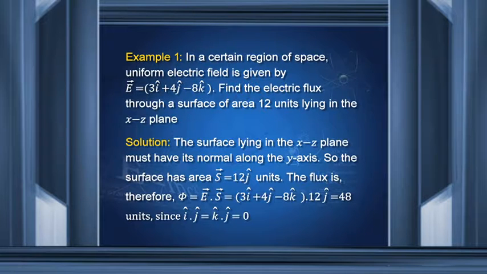Now I find E dot S. I just take the dot product, and i dot j would be 0, k dot j would be 0, and the only thing left would be j dot j, which is equal to 1. So, 4 times 12 is 48. So, 48 units of flux.